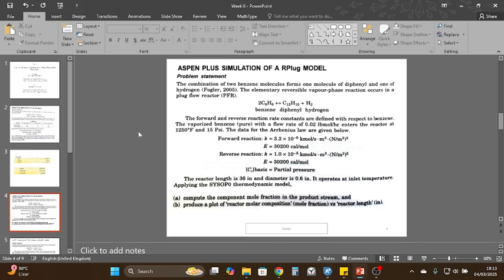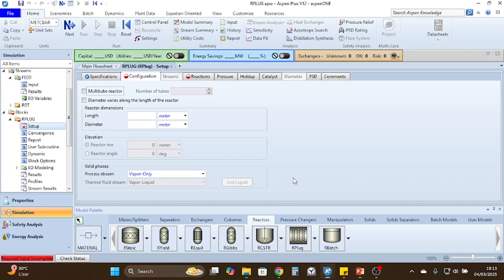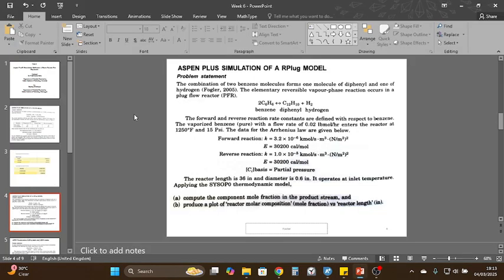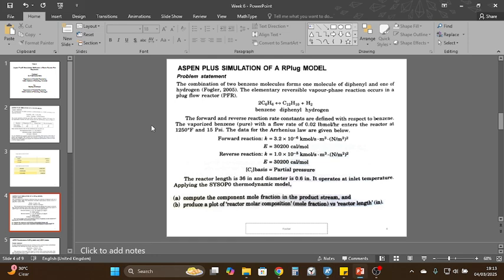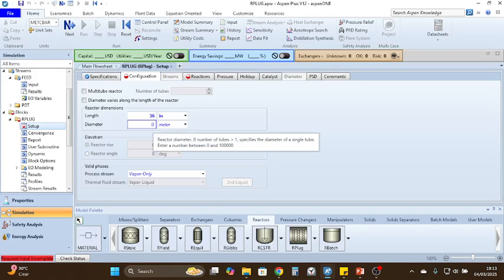Now the length and diameter of the reactor are given to us. The reactor length is 36 inch and the diameter is 0.6 inch over here. So what is the reactor length? 36 inch. 36, this is inch, and the diameter is 0.6 inch.